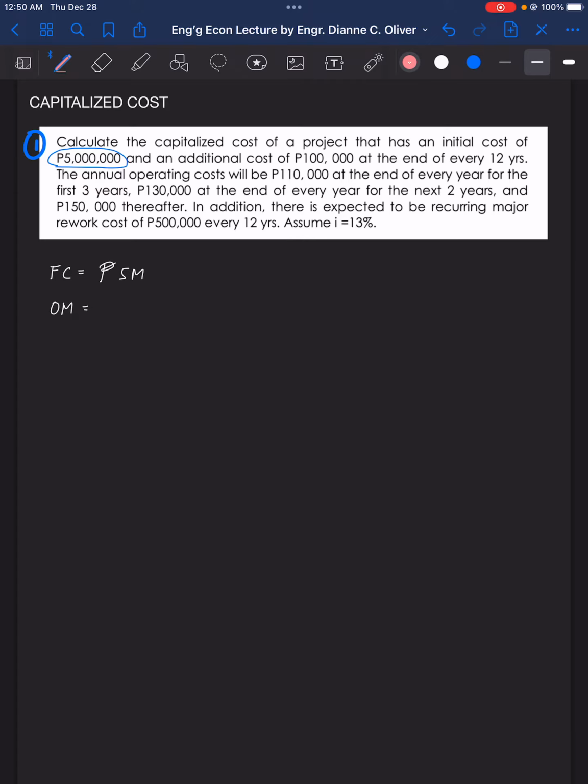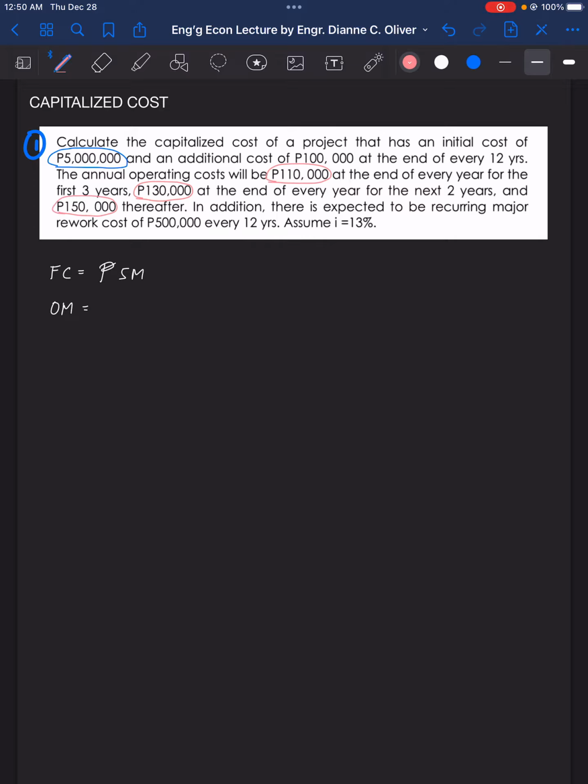Let's color the OM as annual operating cost. Here's the 110,000 pesos at the end of every year for the first 3 years. Then we have 130,000 pesos at the end of every year for the next 2 years, and the 150,000 thereafter.